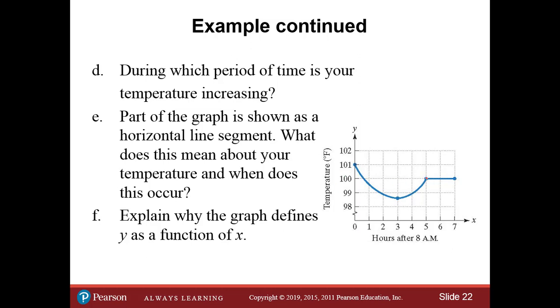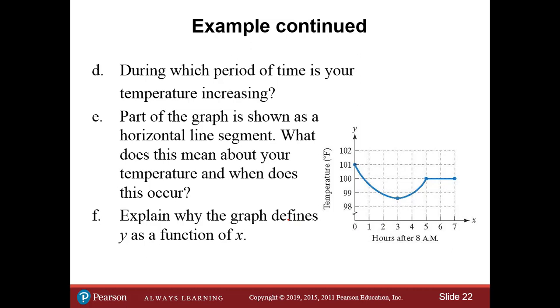So it's not increasing or decreasing, it's constant. So that's what it means. It means that your body temperature is constant during that time period. And what time period is that? Well, it's from the 5th hour after 8 to the 7th hour. So that's going to be from 1 p.m. to 3 p.m. that your body temperature is constant.